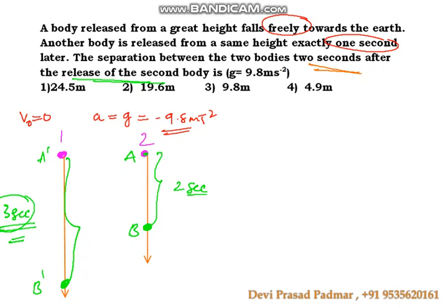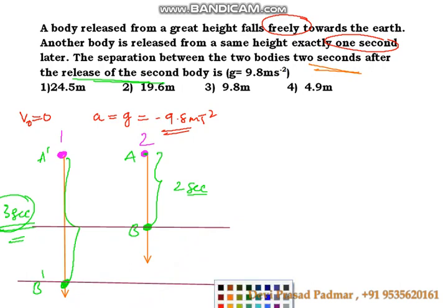Now the question is, what is the separation? This particular separation between these two bodies after the release of second body, if you consider this as h, what is the value of h? That is what you need to calculate.